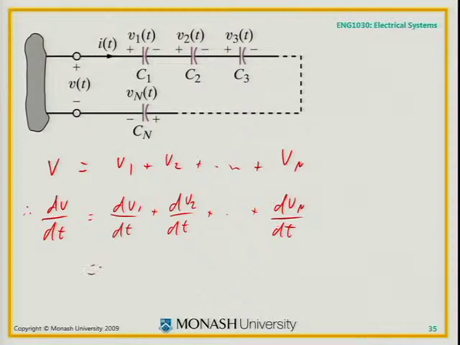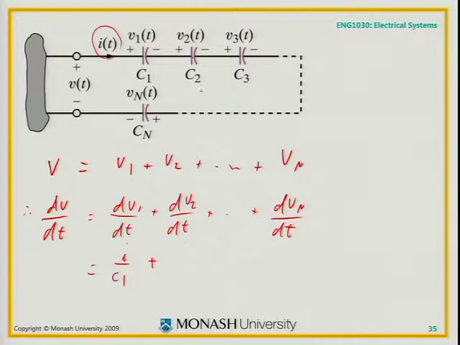What's the rate of change of V1 with respect to t in terms of I? I on C1. Isn't it? Because I equals C dV dt. And the current is I through that capacitor. What's dV2 dt?